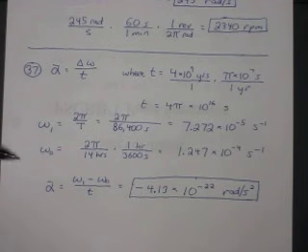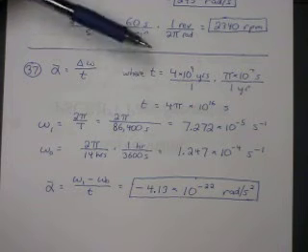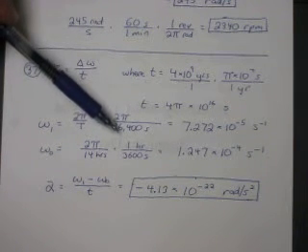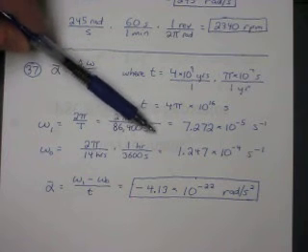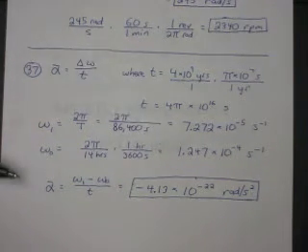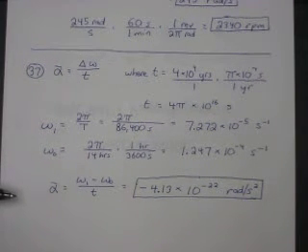The initial omega for 14 hours, so 2 pi over 14 hours, convert hours to seconds, and so we get 1.247 times 10 to the negative 4 radians per second. When we plug these numbers into the equation, we get average alpha is the difference in the omegas over t, and we get negative 4.13 times 10 to the negative 22 radians per second squared.